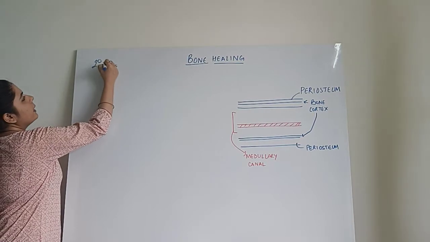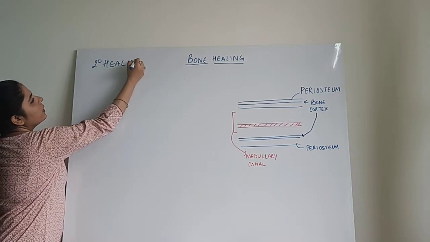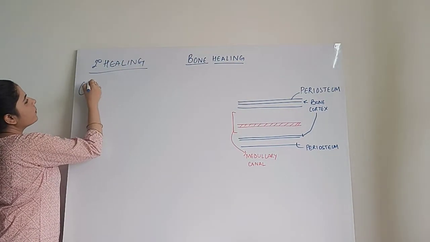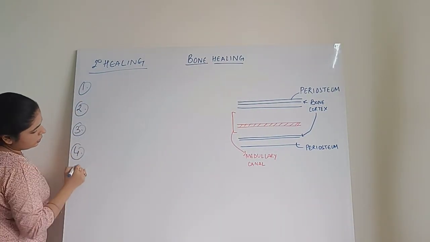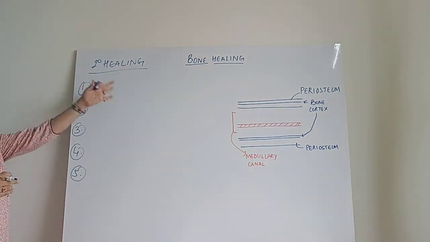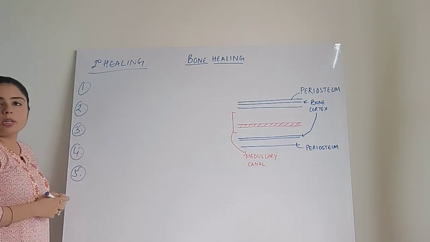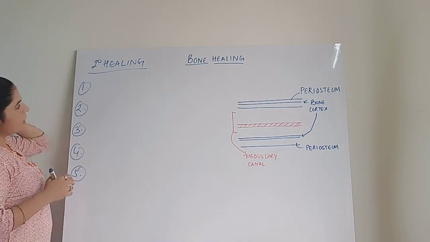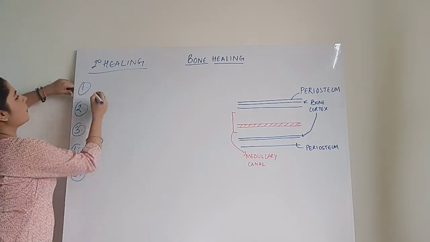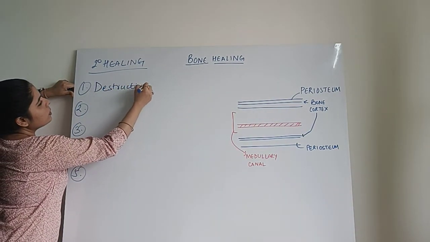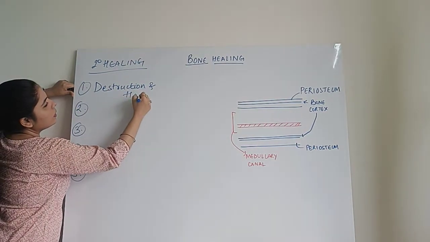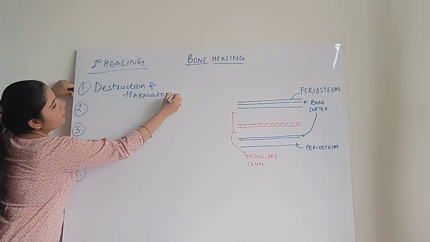So secondary healing of a bone. A bone is being healed, right? There are 5 stages, which I'm just writing in bold and I'll remove them off. We'll be discussing the individual mechanisms stepwise. The first one is destruction and hematoma formation, right?